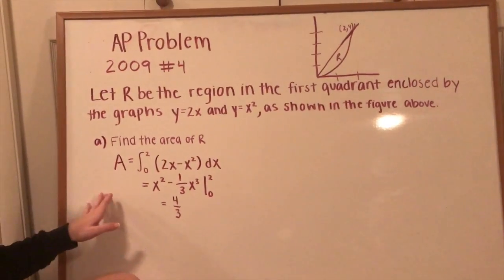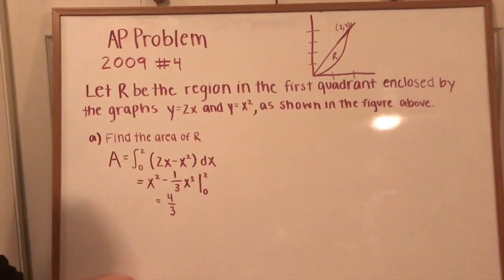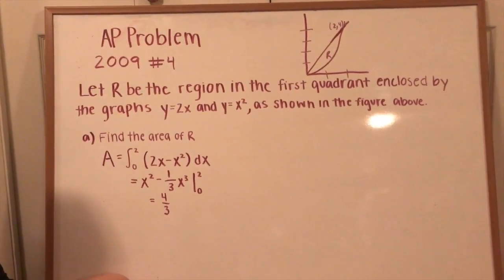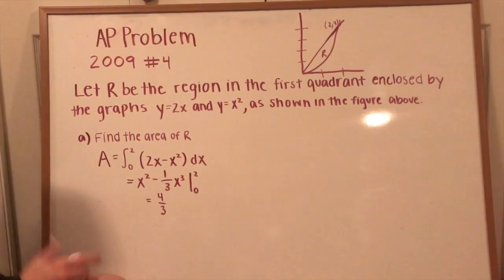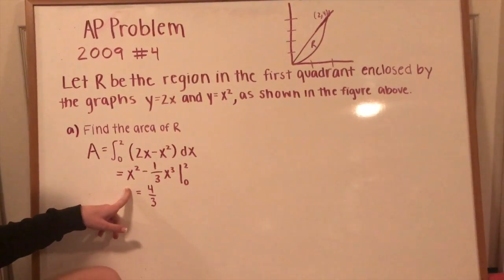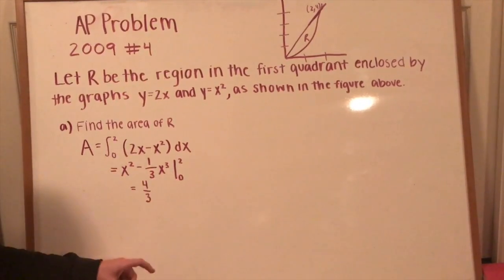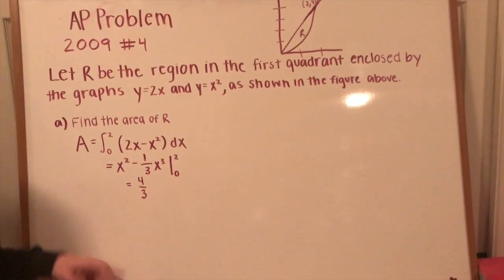So you're going to set it up as area equals the integral from 0 to 2 of 2x minus x squared dx, and then that turns into x squared minus 1 over 3 x to the third, and then 2 and 0 here because you're going to plug those two numbers in next, and you're going to get 4/3 as your answer.